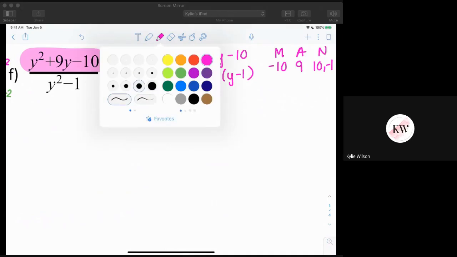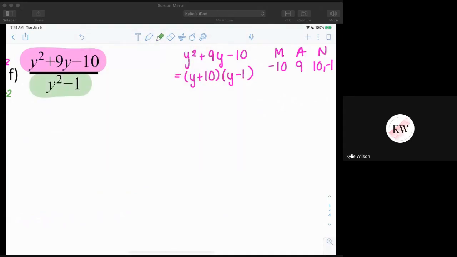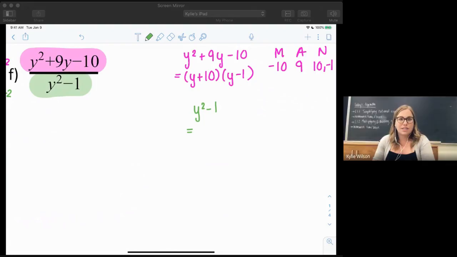And then we will also factor our denominator, which is y squared minus 1. This is a difference of squares, because I have a squared first term minus another square.